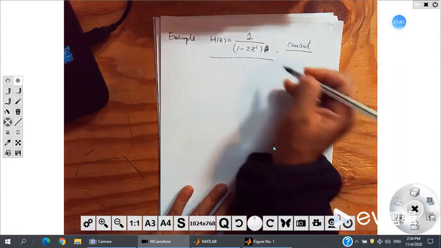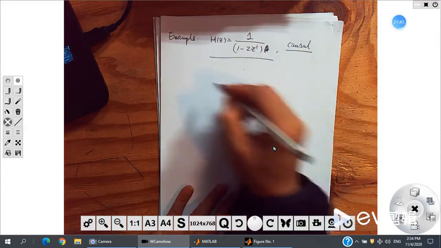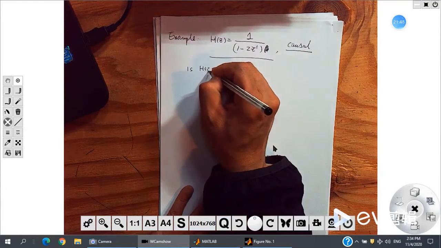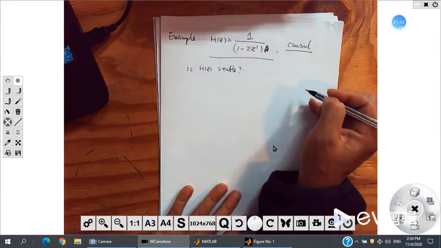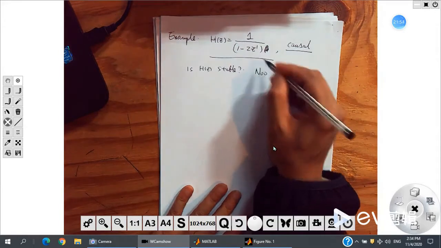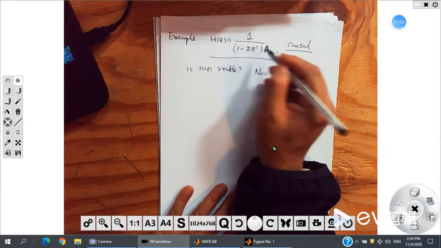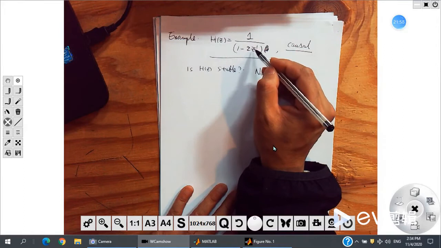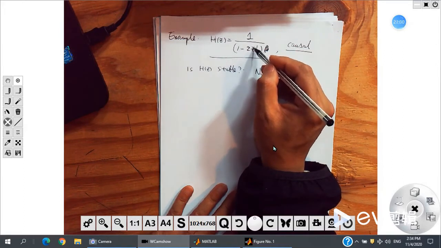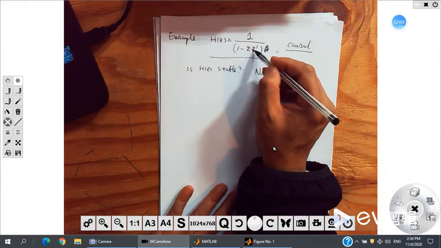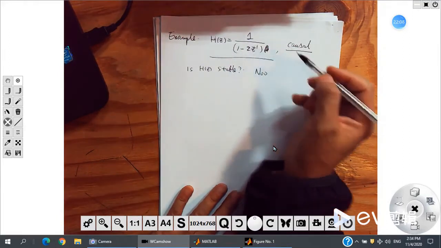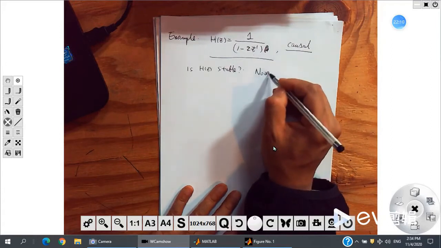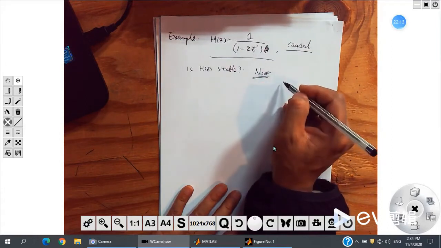Then is H(z) stable? I would say no, because you have a pole at 2. When z is 2, 1 over z is 1 over 2, and 2 times 1 over 2 gives 1. 1 minus 1 gives 0, and 1 over 0 is a pole. So no, it's not stable.